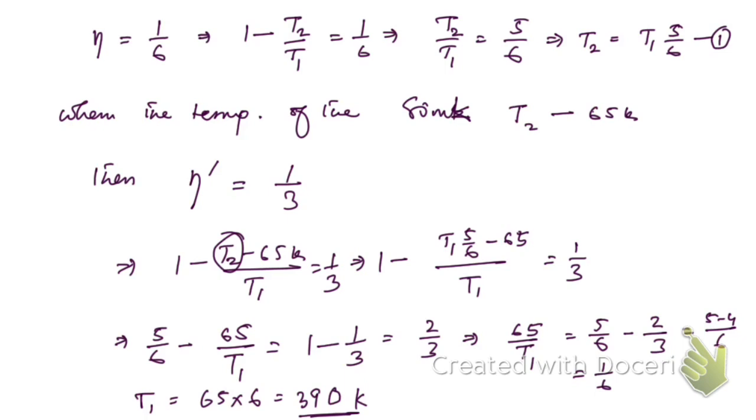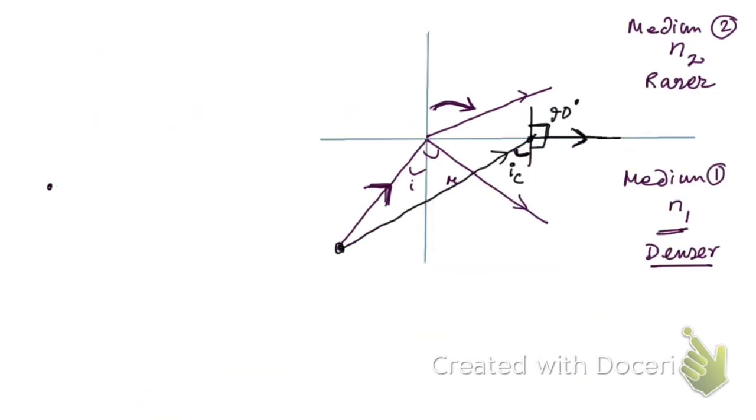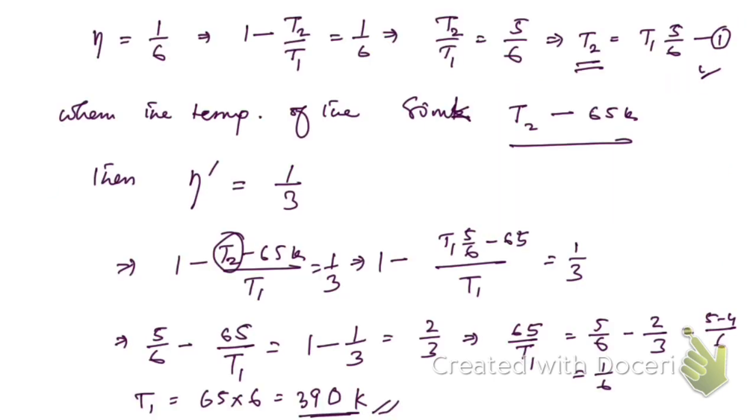Now what is going to be the temperature of the sink before it was reduced? Temperature of the sink T2, let me find. Let us put this value in equation number 1. Putting T1 equal to 390 Kelvin in equation number 1.